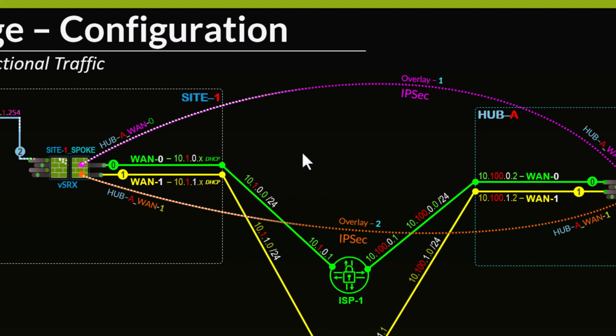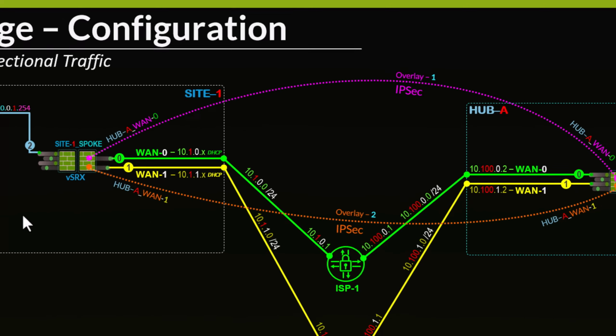So it would need to know on which IP the hub WAN links are reachable, the underlay links. On the spoke though, we would use DHCP because these are going to be the most common scenarios where you deploy spoke devices. Again, in my lab here, I'm using VSRXs.